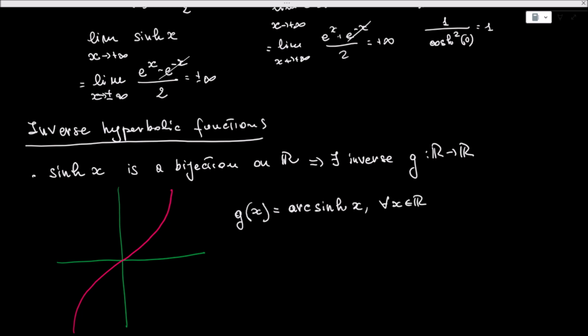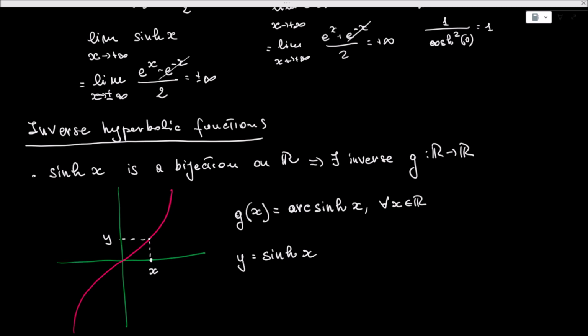Okay, so how do we find this function? Well, what we can say is that if we have an x here, this is the hyperbolic sine, so we know that this y is exactly the hyperbolic sine of x.